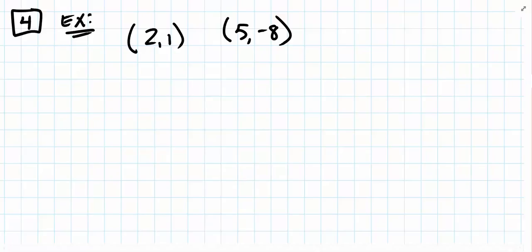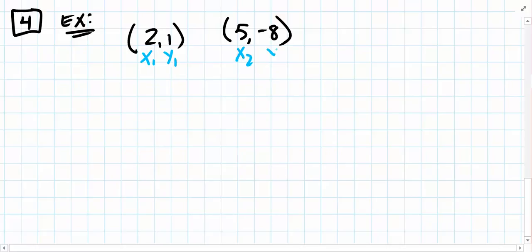So the first thing that I always do is I label my points. This is my first set of x and y. This is my second set of x and y. So I have x1 and y1 and x2 and y2. All right, so I need to get the slope. I'm going to remember that there's a formula for the slope, and it is this. The formula for slope is y2 minus y1 over x2 minus x1.